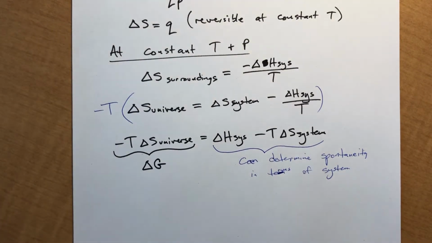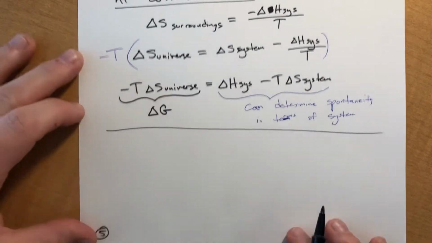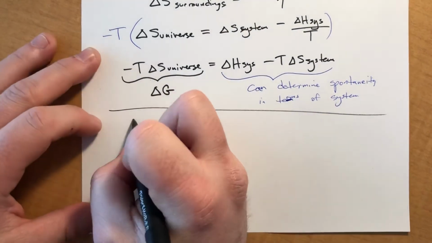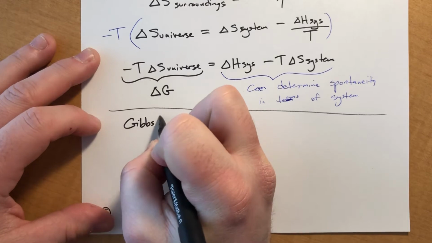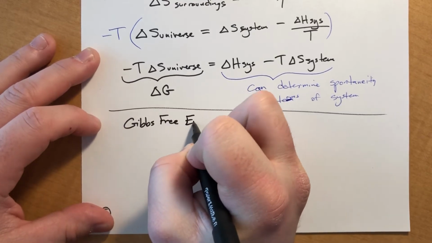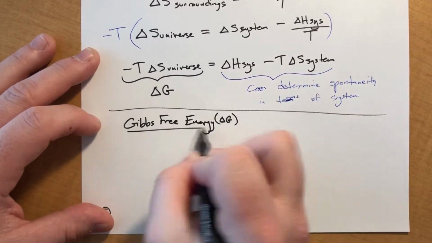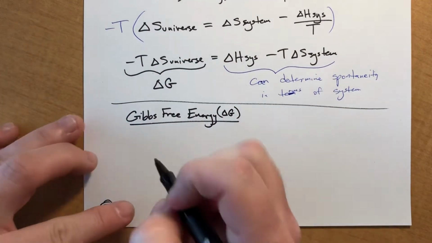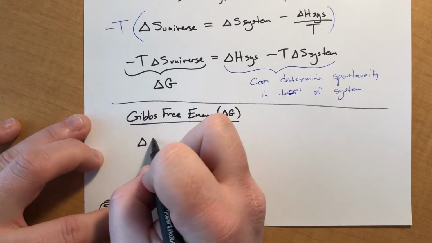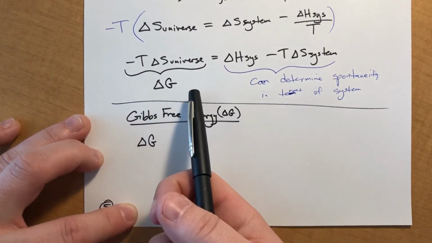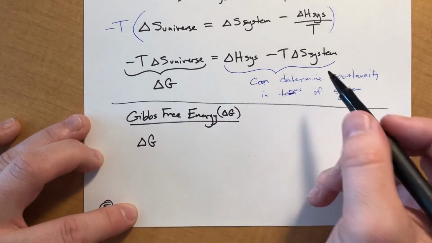So let me try to summarize some of this at the bottom here. Hopefully I don't run out of space. So, Gibbs free energy is delta G. Okay. And the simplified equation for this, everything can be in terms of the system. We can just remove the word system here.